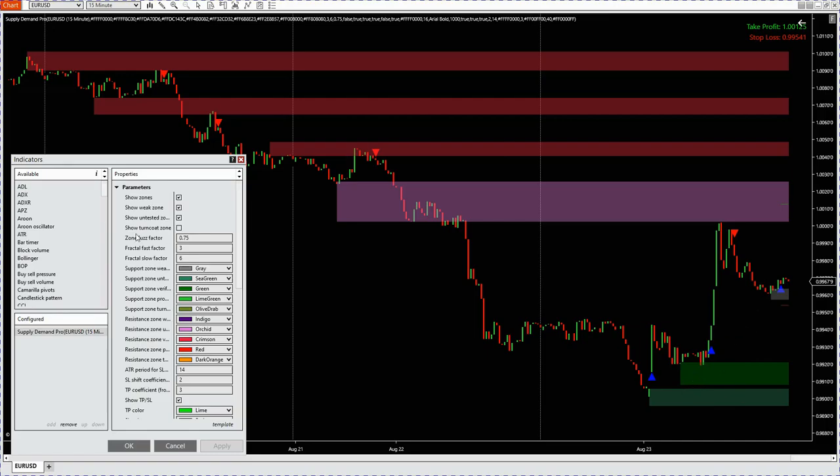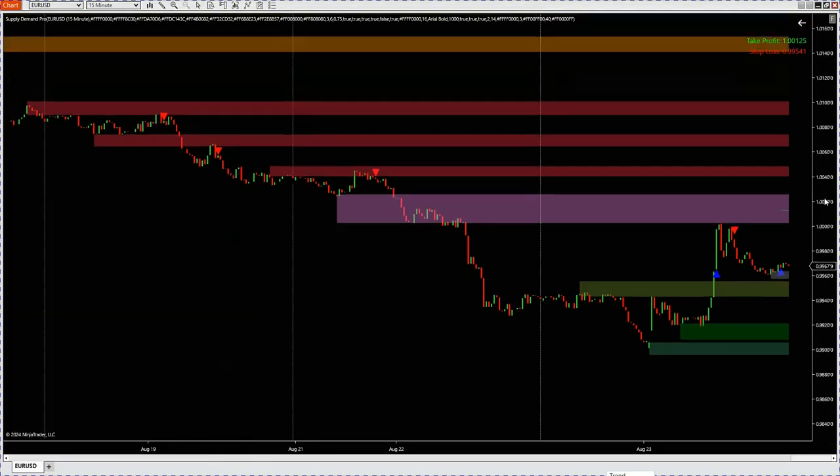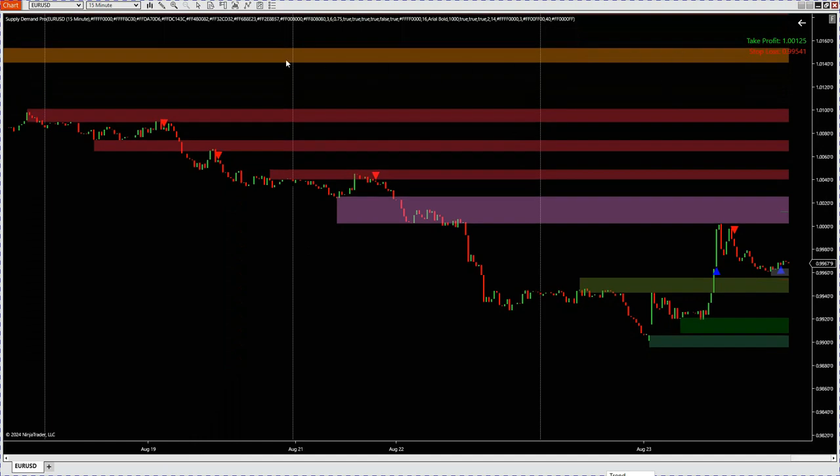And if we check off this turncoat zone, what this is, is a type of zone that switched from one to the other. So I turn that on and hit apply. I'm going to remove that and bring it down here, and you can see that is this zone right here.